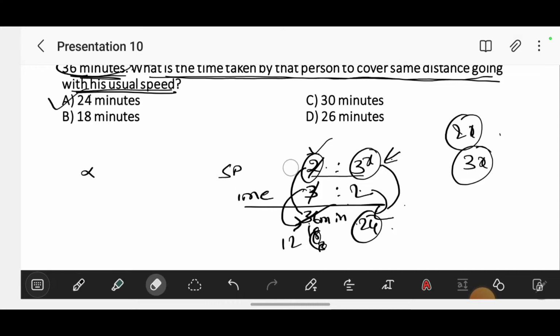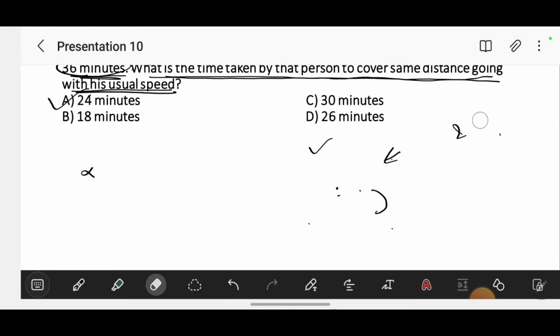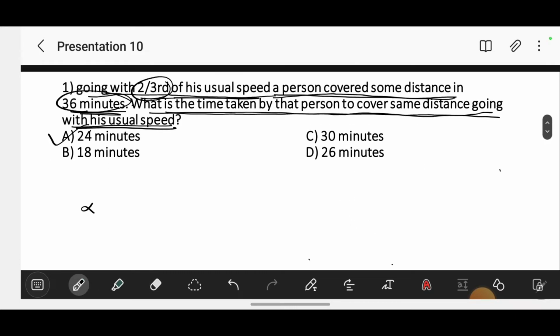I am saying it again for your reference. If a person is going with 2 by 3rd of his usual speed, we will take speed and time. 2 by 3rd of his usual speed means 2 is to 3. Then the time ratio becomes 3 is to 2. Then he covered some distance in 36 minutes.